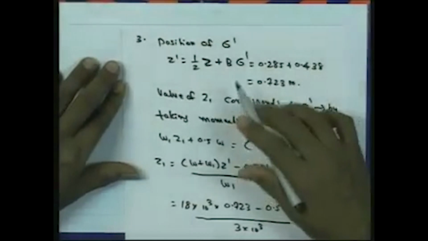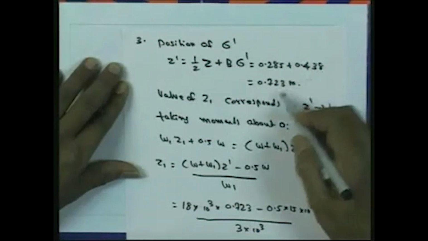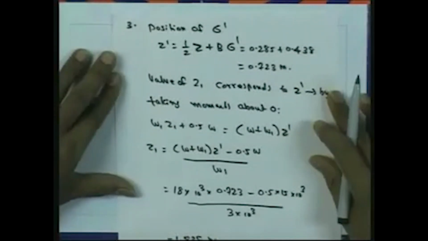So finally, the position of G dash, Z dash, is equal to 0.285 plus 0.438, which is 0.723 meter.